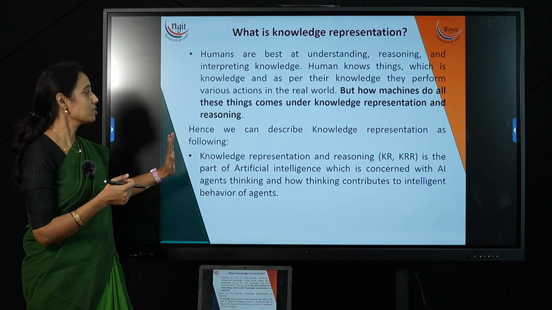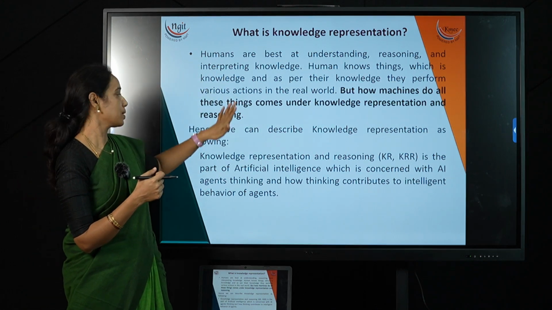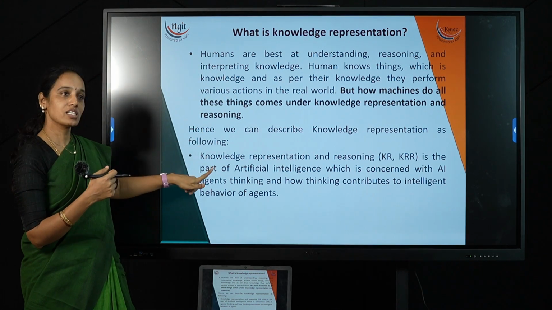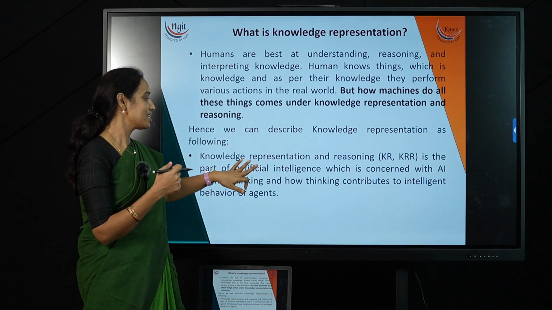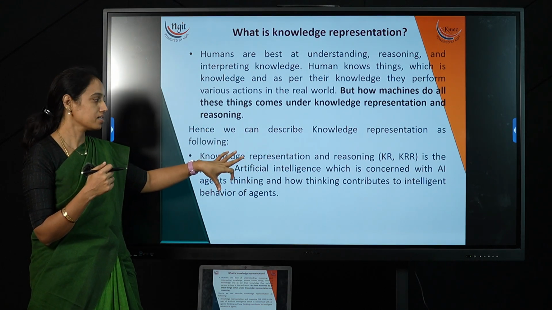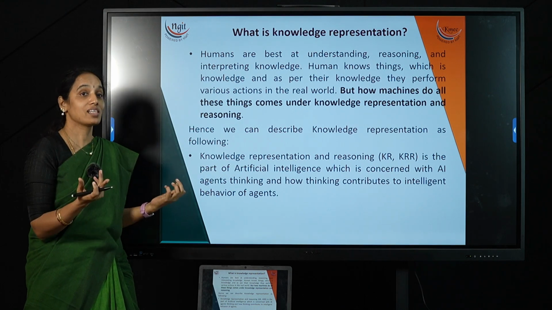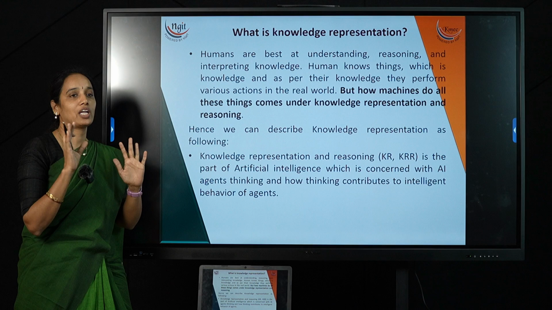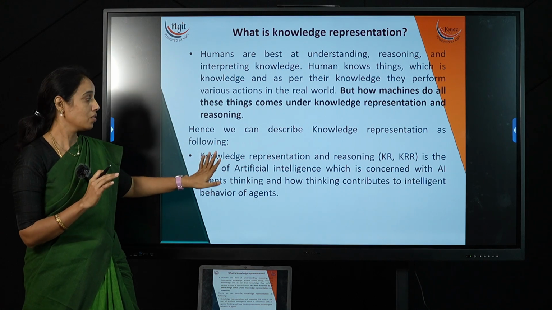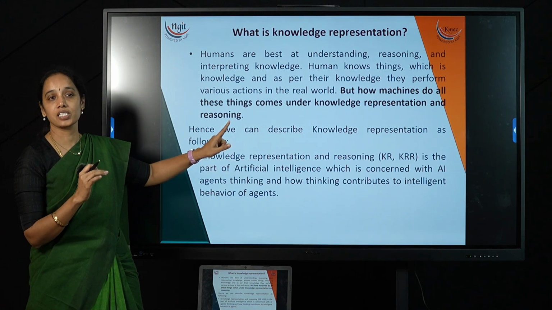Hence we can describe it as follows: knowledge representation and reasoning is the part of artificial intelligence which is concerned with how agents think and how this thinking contributes to the intelligent behavior of agents. This is what we call knowledge representation and reasoning.